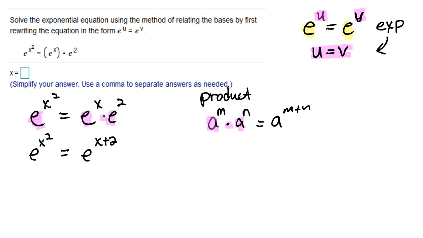So now I have the bases the same, and based on relating the bases, the exponents have to be equal to each other, and I get the equation x squared equals x plus 2. This is a quadratic equation. I'm going to move all the terms to the same side and try to factor.